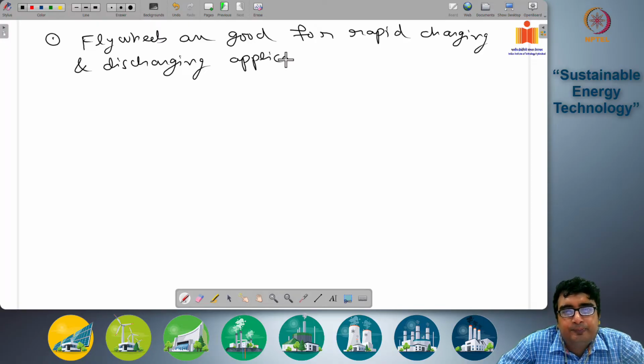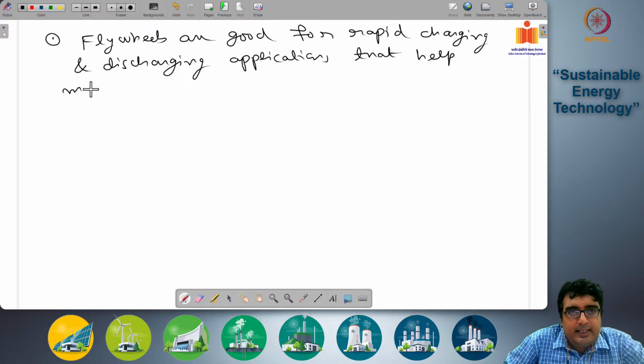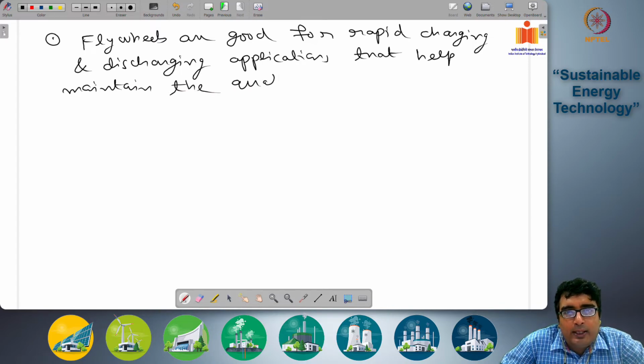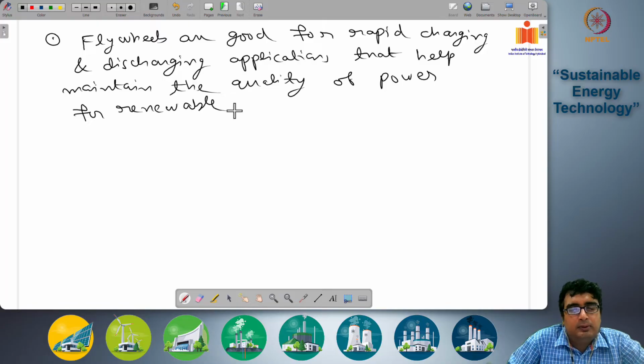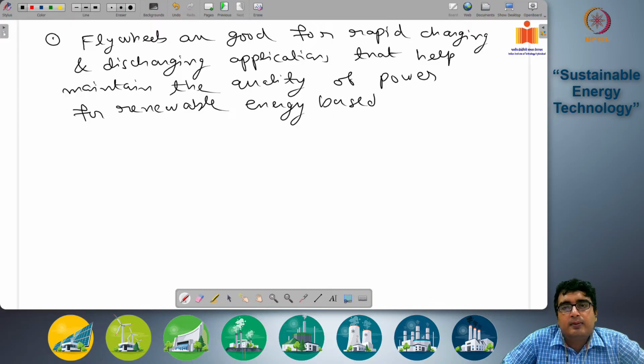Applications that help maintain the quality of power for renewable energy based grids.